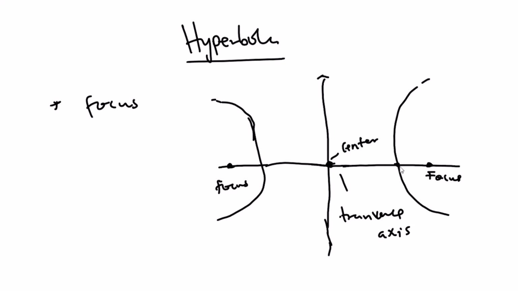Now, this is a graph, and this graph is made up of two parts called branches. Each branch intersects the transverse axis at a point called the vertex. These are the two branches that we're talking about. It intersects the axis at a point. This is what? A vertex. There's also another vertex.